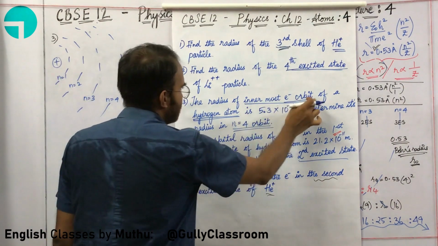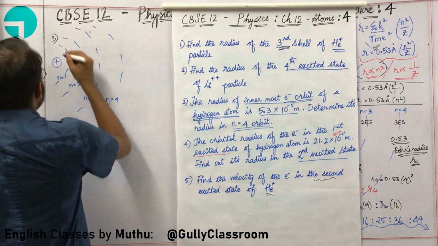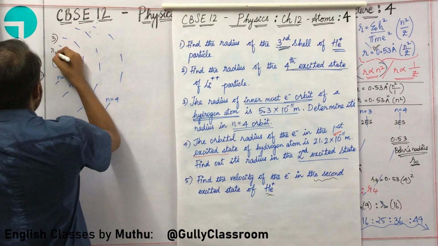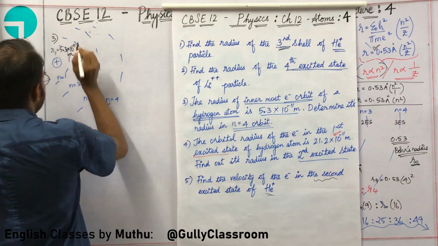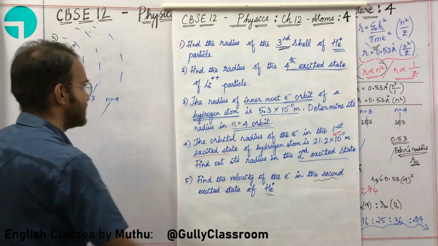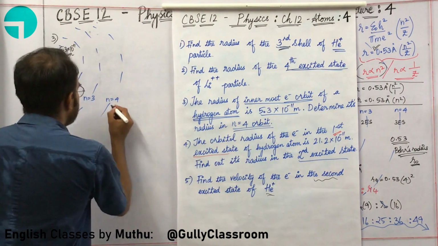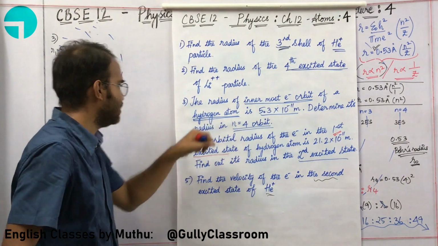So R1 is 5.3 into 10 to the power minus 11 meters. They are asking us to determine its radius in the n equal to 4 shell.